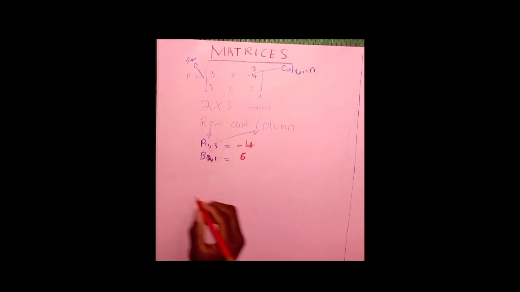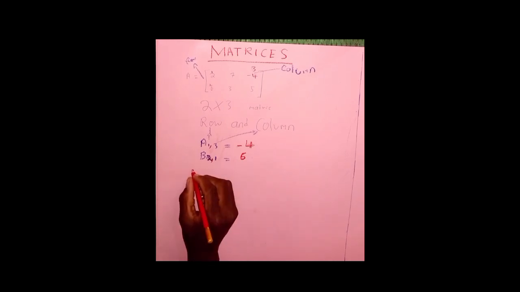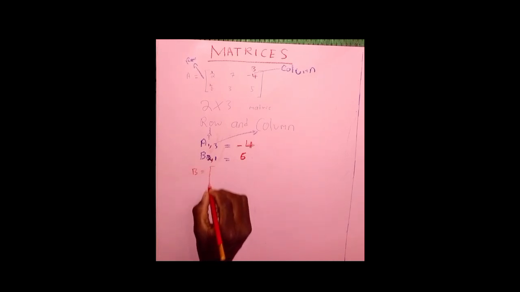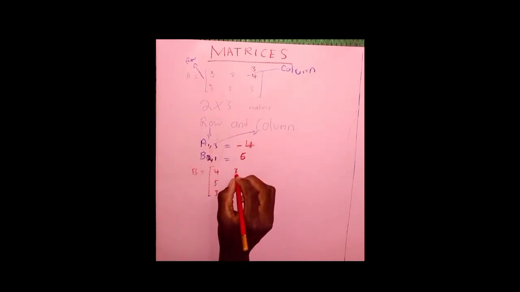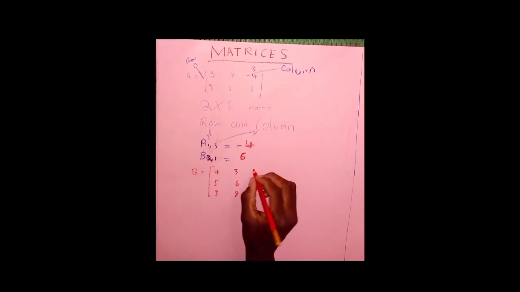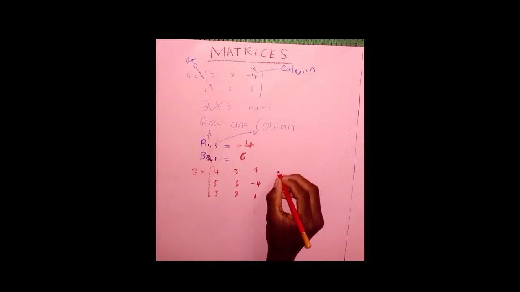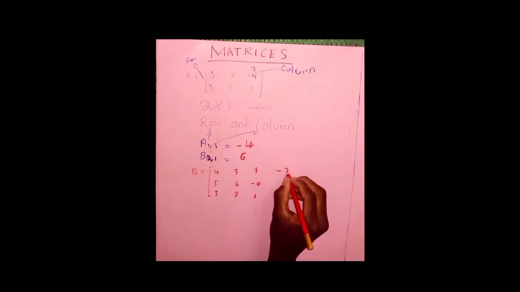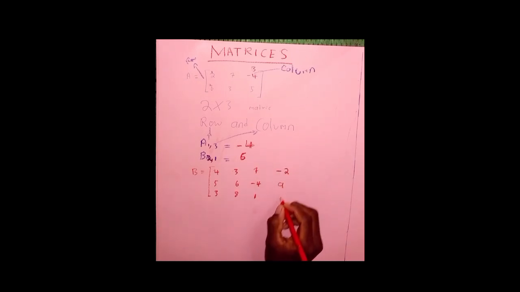Okay, let's have another example. Let's say we have a matrix, and let's say we have 4, 5, 3. I'm just making up some examples. Let's say we have -4, 1, -2, 9, and -7.